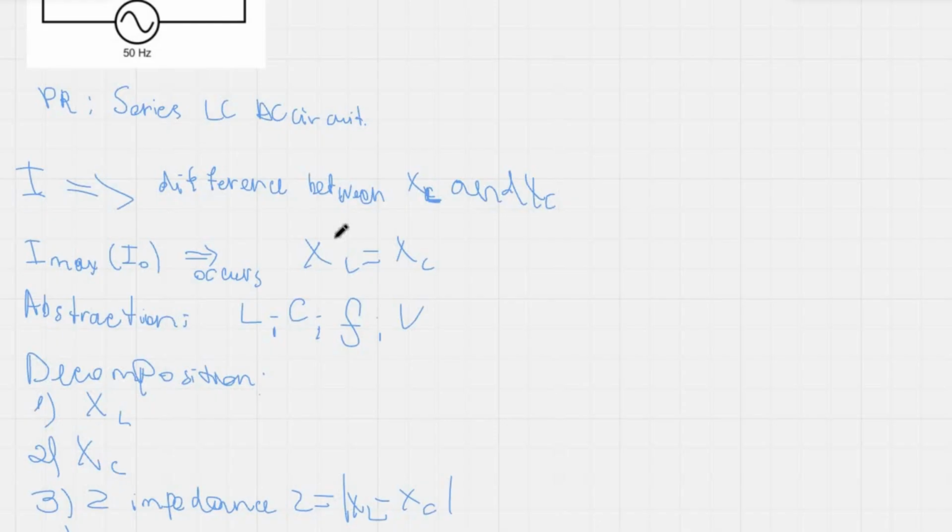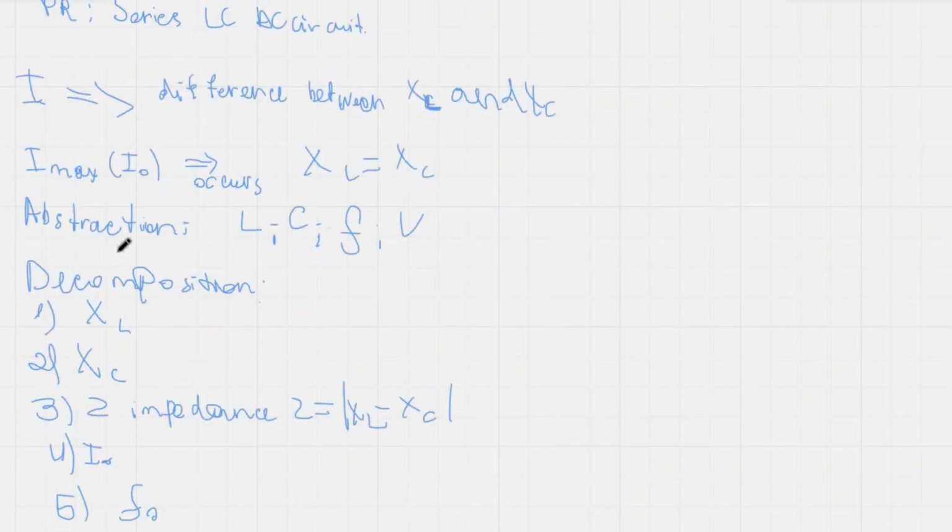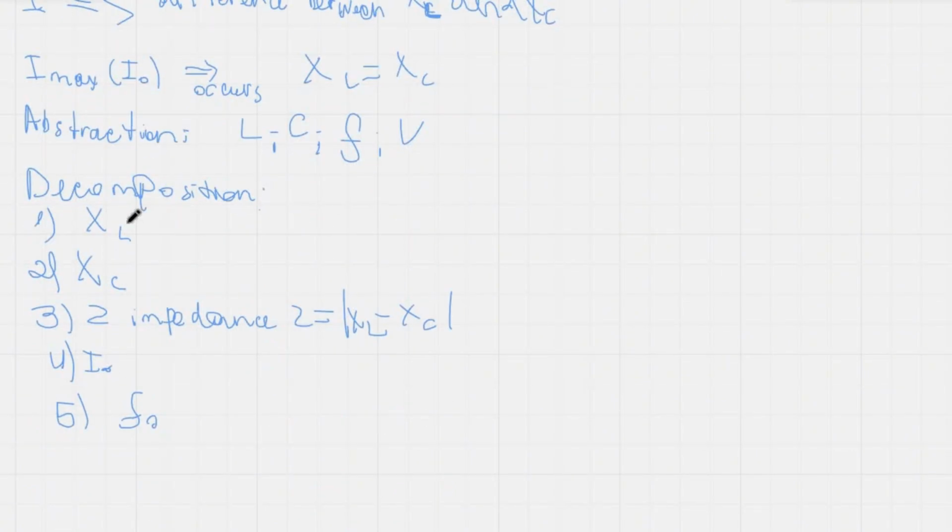Our abstraction is that we only focus on inductance, capacitance, frequency, and the voltage. We ignore the physical layout and focus on the reactance and impedance behavior. Decomposition: first of all, we will calculate the inductive reactance and capacitive reactance. Then we will find the impedance.